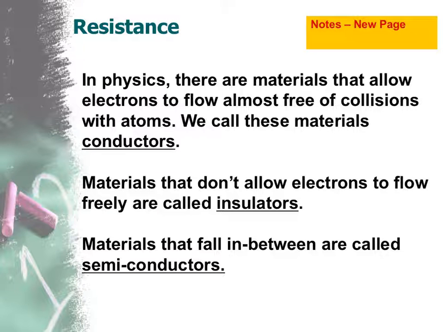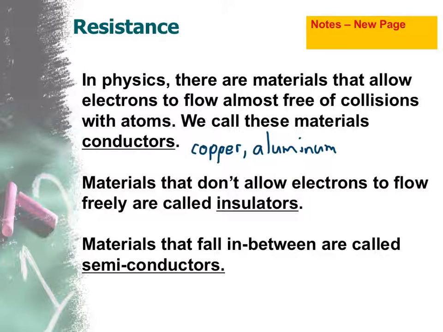In physics, we call materials that allow electrons to flow almost freely conductors. Examples of good conductors are copper and, to a lesser extent, aluminum, and those are the things that you will see household electronic circuits made out of. There are materials that are very good at resisting the flow of electrons.